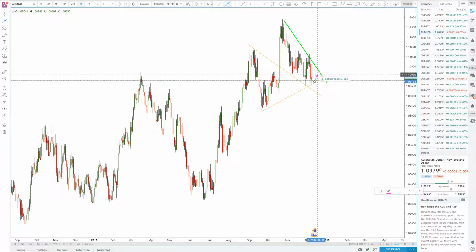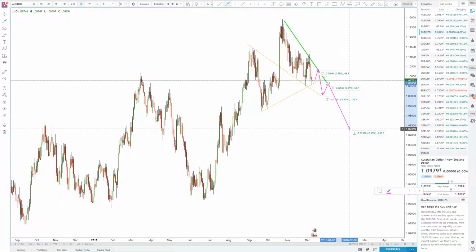So we can probably look for a little pullback, and then a little down move, and then a little up, and then lower down to somewhere around here, like so.